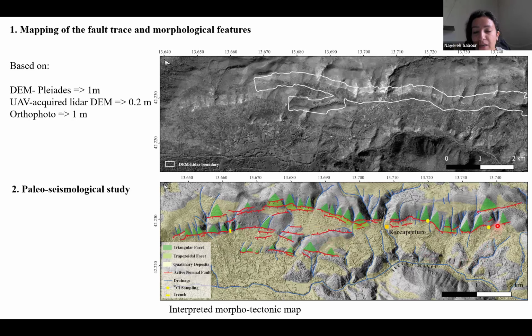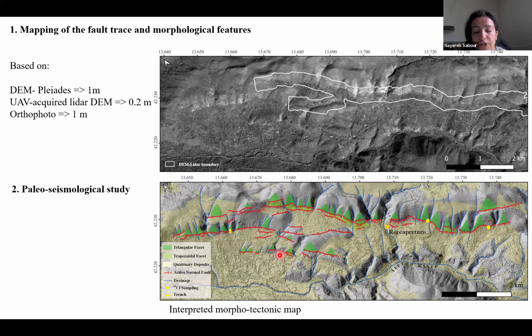If you look at the fault trace, we can see in the southeastern part the deformation is localized, and we have less complexity. But if we continue toward the NW, we can see more complexity and an increase in the width of the fault damage zone.